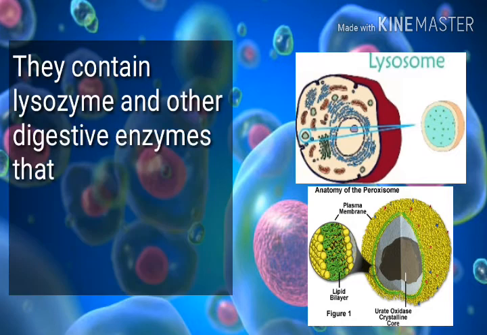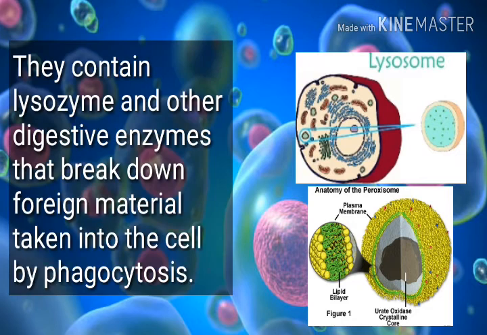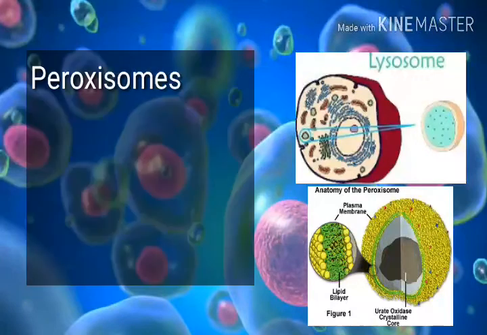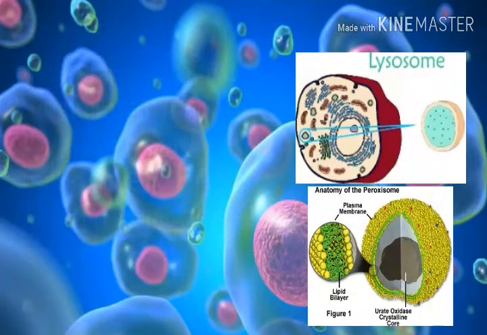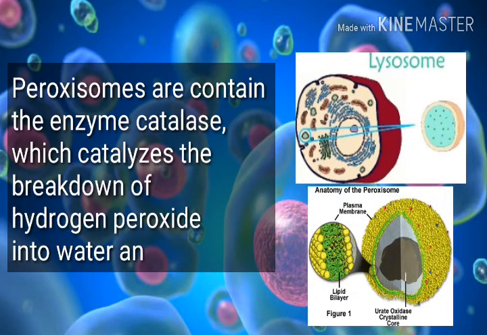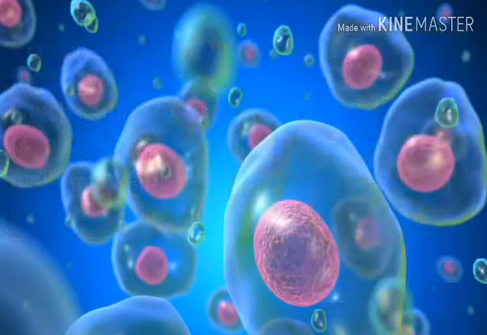They contain lysozyme and other digestive enzymes that break down foreign material taken into the cell by phagocytosis. Peroxisomes are membrane-bound vesicles in which hydrogen peroxide is both generated and broken down. Peroxisomes contain the enzyme catalase, which catalyzes the breakdown of hydrogen peroxide into water and oxygen.